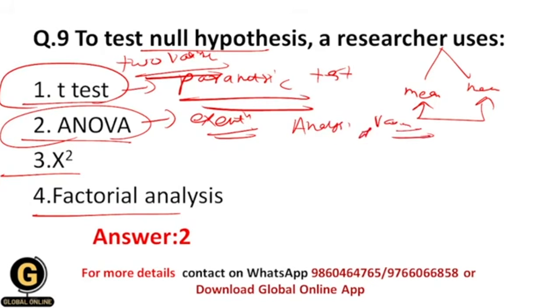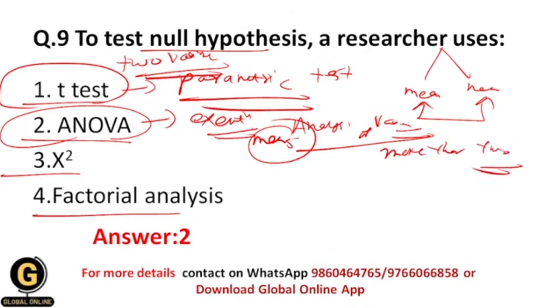This is the analysis of variance, and within the ANOVA test we are going to compare the means of different groups, but here we can compare more than 2 variables at a time, and that's why ANOVA test is more favorable than t-test. And that's why the researcher uses ANOVA to test null hypothesis, because sometimes in a research process there are more than two variables. So in that situation we need to use ANOVA rather than t-test.